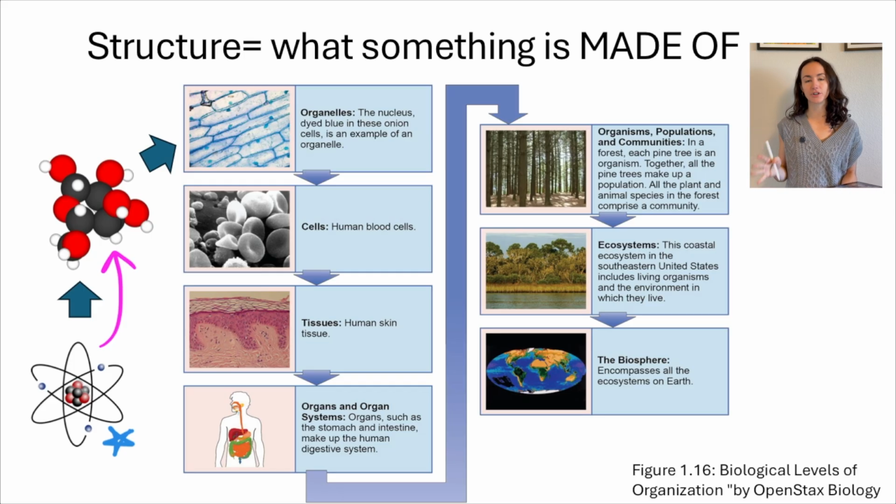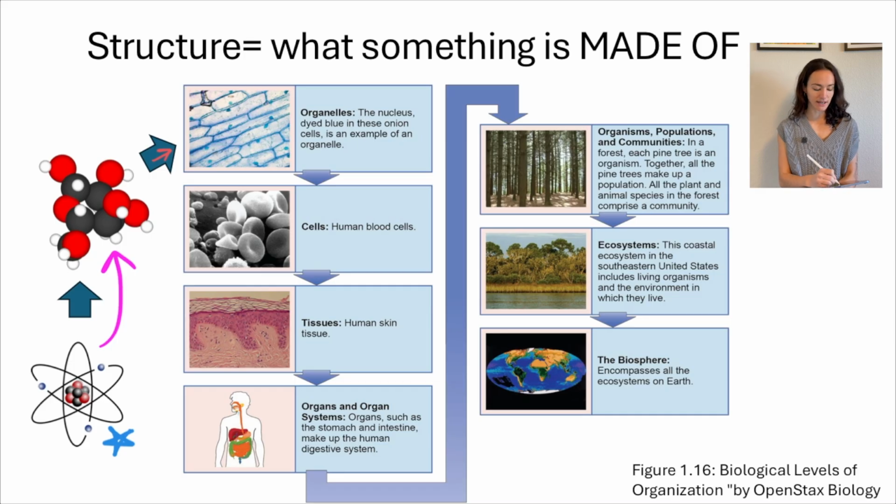If you've ever looked on a nutrition label, you'll see the macromolecules: lipids, carbohydrates, proteins, and then nucleic acids, but those aren't usually on your nutrition label. From there, you can scale up, and molecules make things like the biological molecules, but also organelles. These would be small structures that you find inside of a cell.